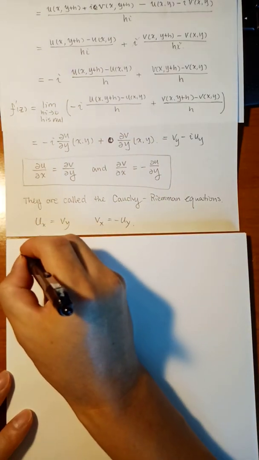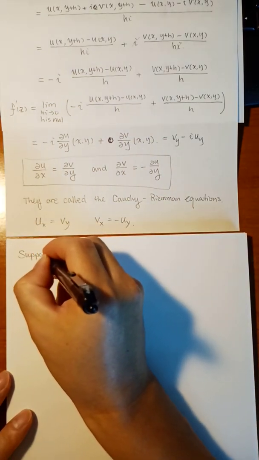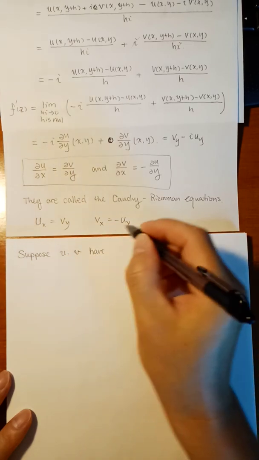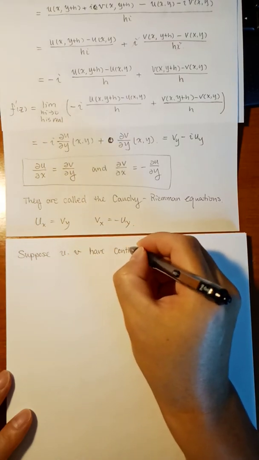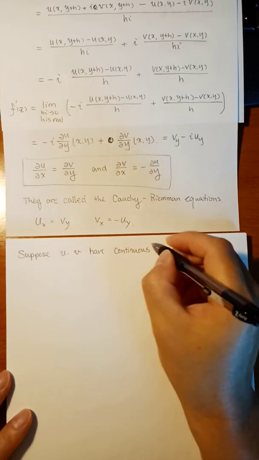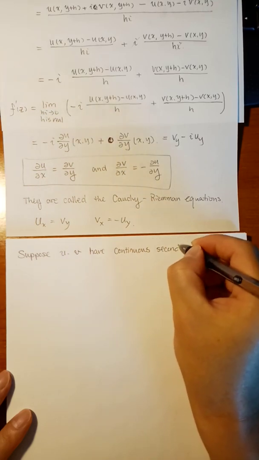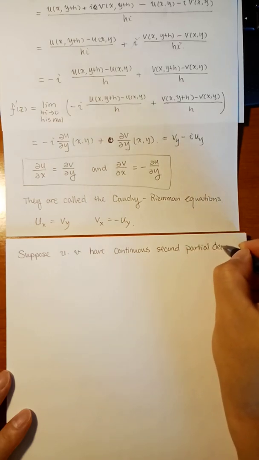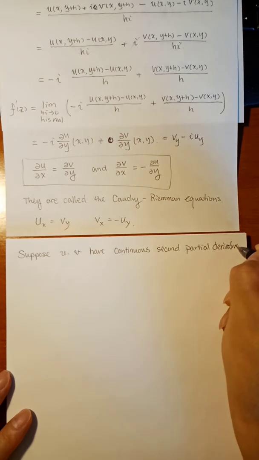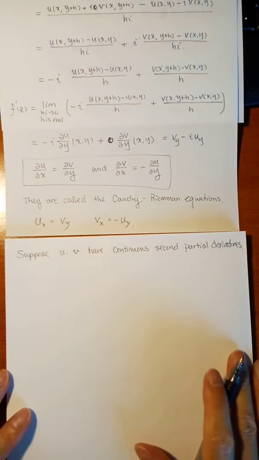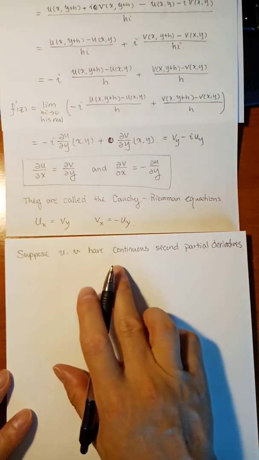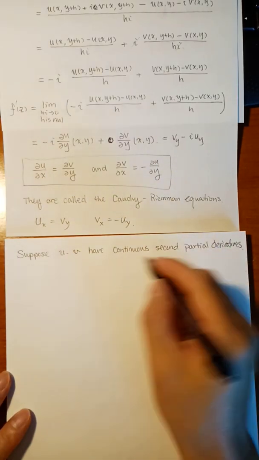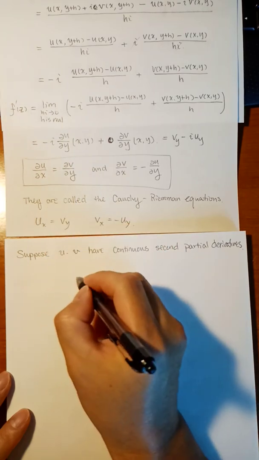That's why we say, suppose u and v have continuous second partial derivatives. Assume we can do them and they are nice, continuous second partial derivatives. Let's start from here.